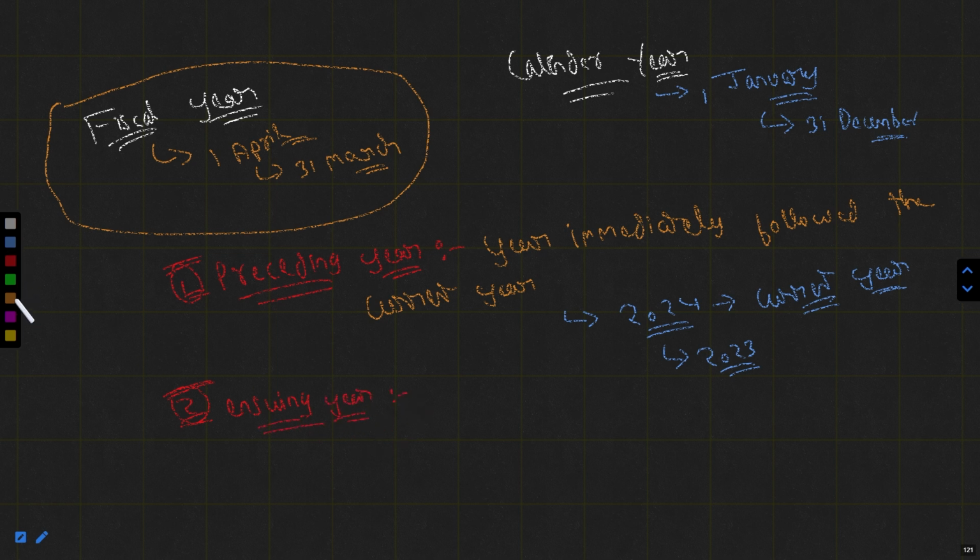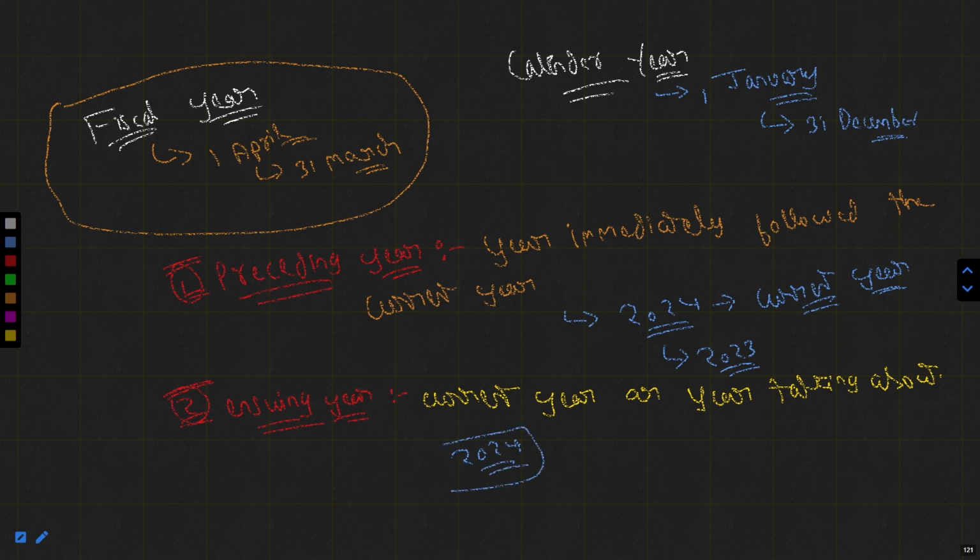Thereafter, if we talk about the ensuing year, the ensuing year may have two different meanings: current year or the year being talked about. Like if we take the first example, if 2024 is the current year and the president is addressing the current year only, then that would be your ensuing year.